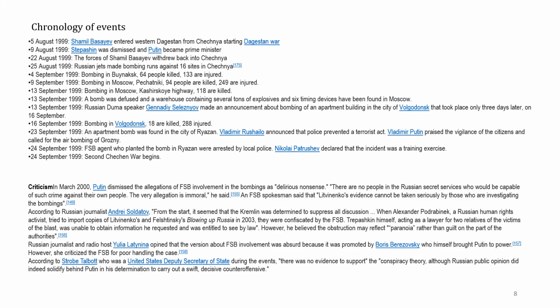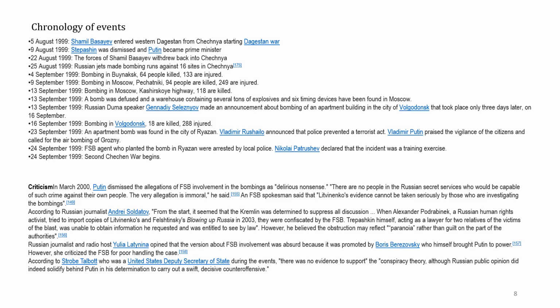According to Russian journalist Andrei Soldatov, from the start, it seemed that the Kremlin was determined to suppress all discussion.